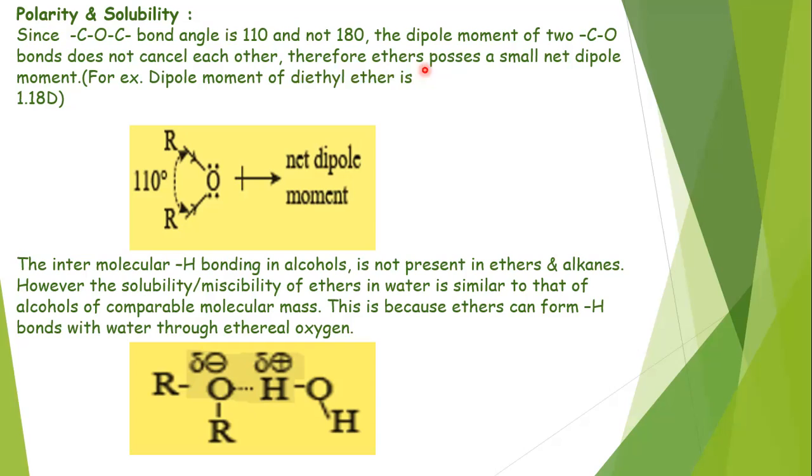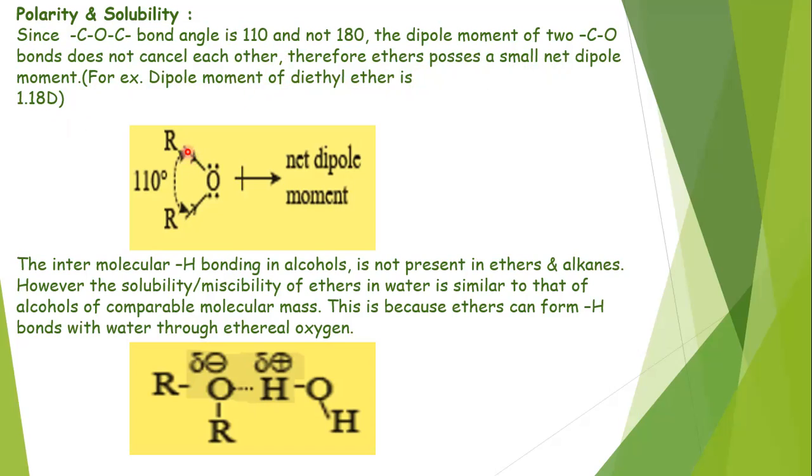Therefore, ethers possess small net dipole moment. For example, dipole moment of diethyl ether is 1.18 Debye. Debye is the unit of dipole moment.